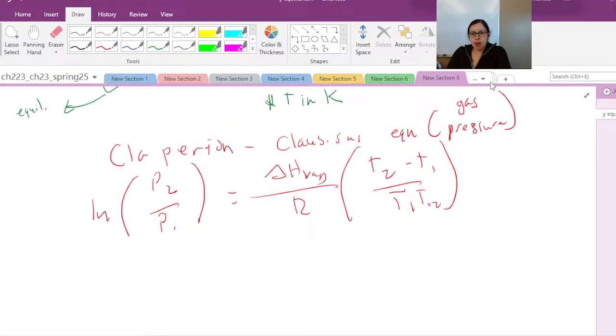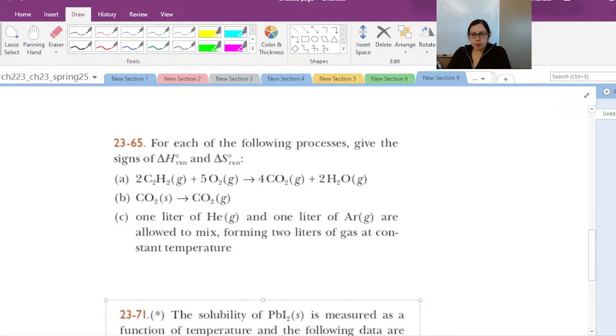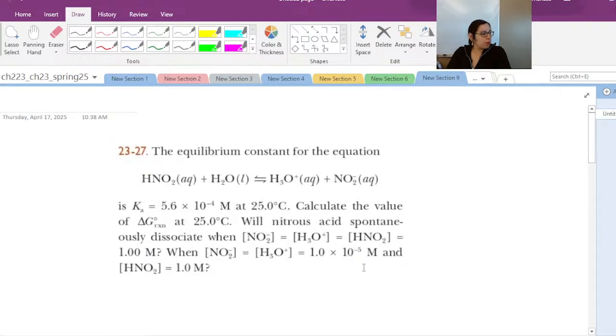All right, let's try. I'm going to flip over to some book problems. Let's just start with the first one here. Now we're going back to equilibrium again. This goes back to the fact that we can apply it to any equilibrium scenario, even our weak acid. So we're looking at nitrous acid. You can remember that's one of our weak acids.